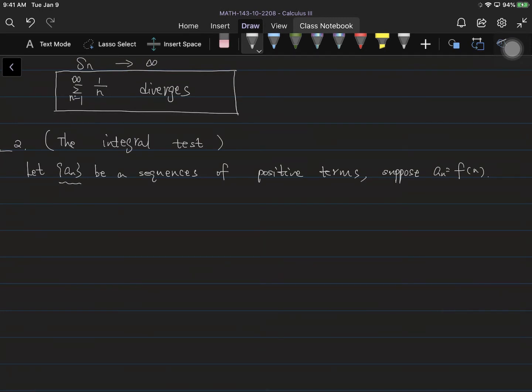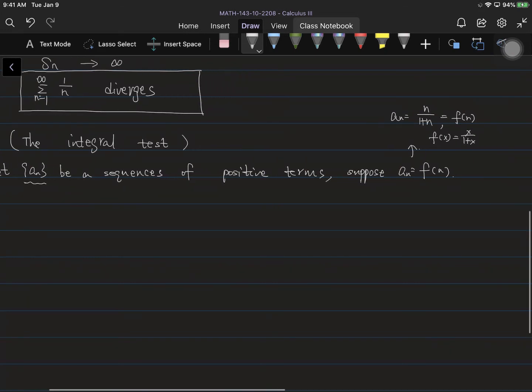Do you remember the meaning of this? For example, if a_n equals n over 1 plus n, then f(n) is the same thing, and we usually like to write f(x), which is x over 1 plus x. When we did L'Hopital's rule, we changed our sequence into a function. Because for the integral, we cannot integrate a sequence; we have to integrate a function.